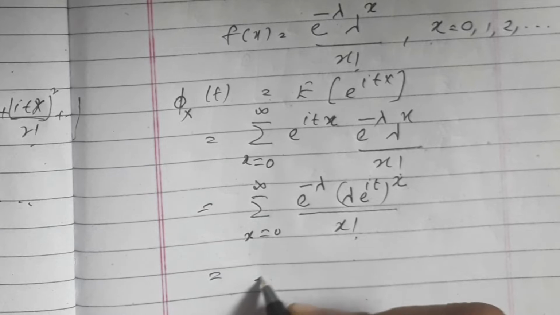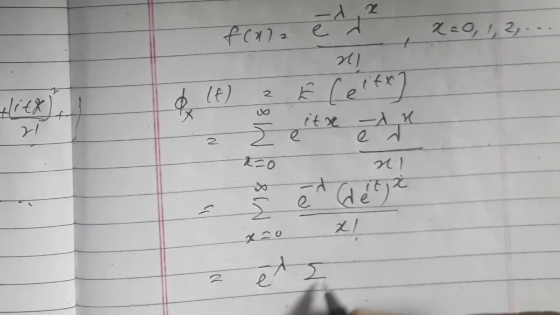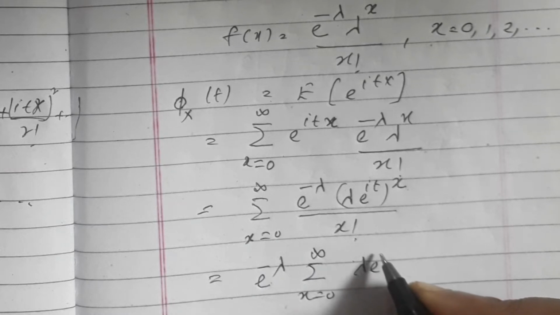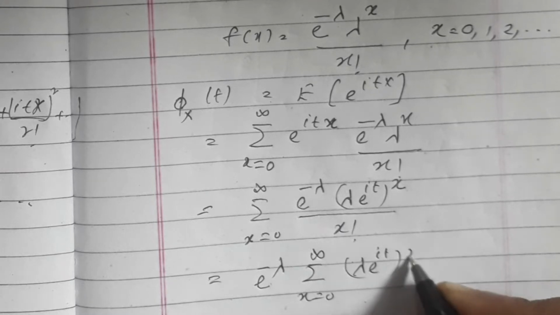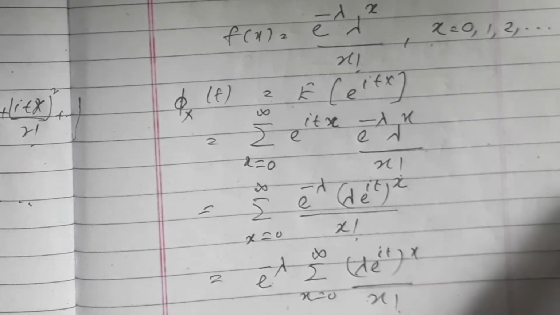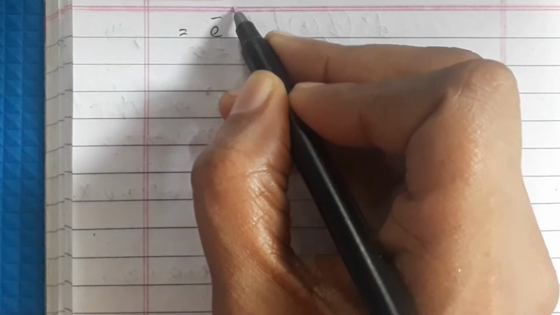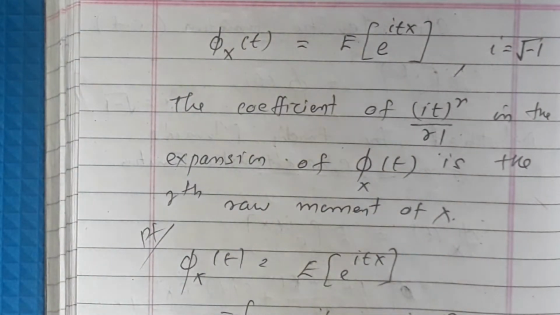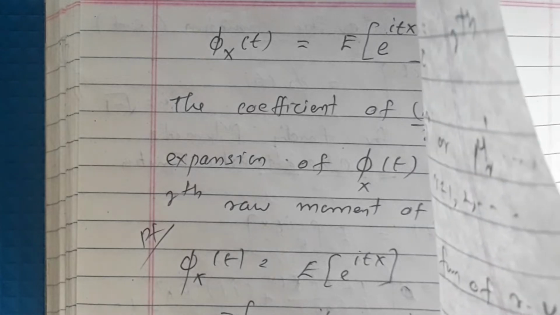So e raised to minus lambda taking outside, we get summation over x is equal to 0 to infinity lambda e raised to I t all raised to x by x factorial. Substituting, we get e raised to minus lambda outside, lambda e raised to I t all raised to x by x factorial.